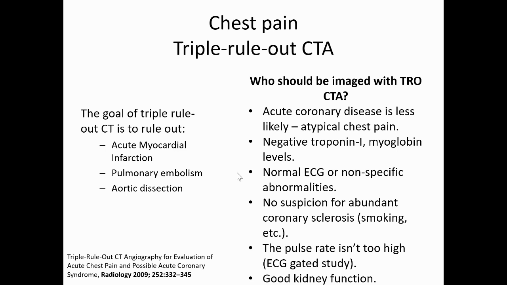Now, there is a special CT technique. It's called triple-rule-out CT, with which you can rule out or confirm myocardial infarction, pulmonary embolism, and aortic dissection in just one sitting. Now, the thing to remember is that triple rule-out CT is not available at every department.